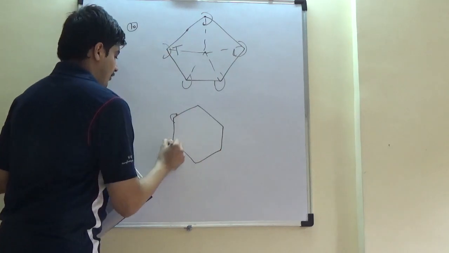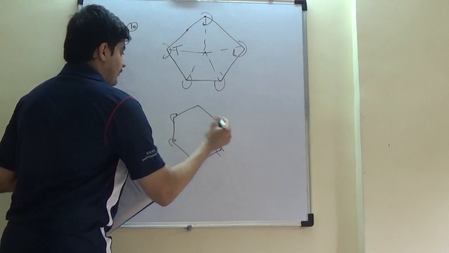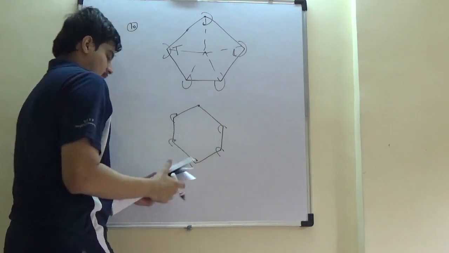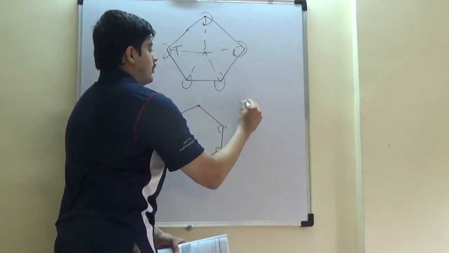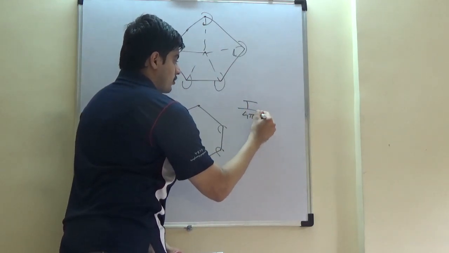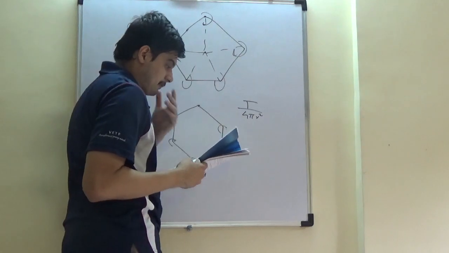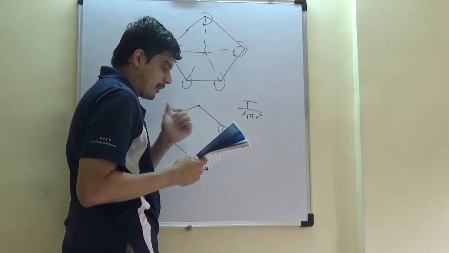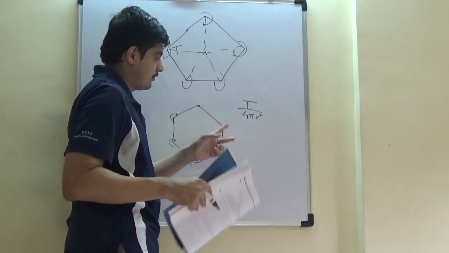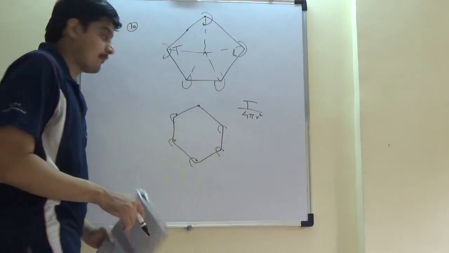And if there are 5 vortices placed here, one vortex produces tau by 4 pi r square, right? Because that is the vortex velocity that is given by our standard framework.